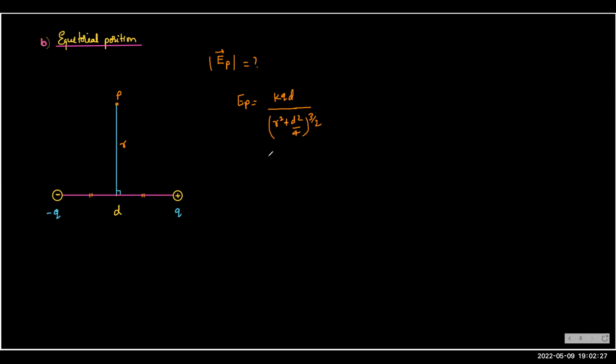Now, because you got the answer, you can understand something. First of all, the plus will create a field like this, but minus will create a field like this, right? So both will be the same in value, right? E and E.